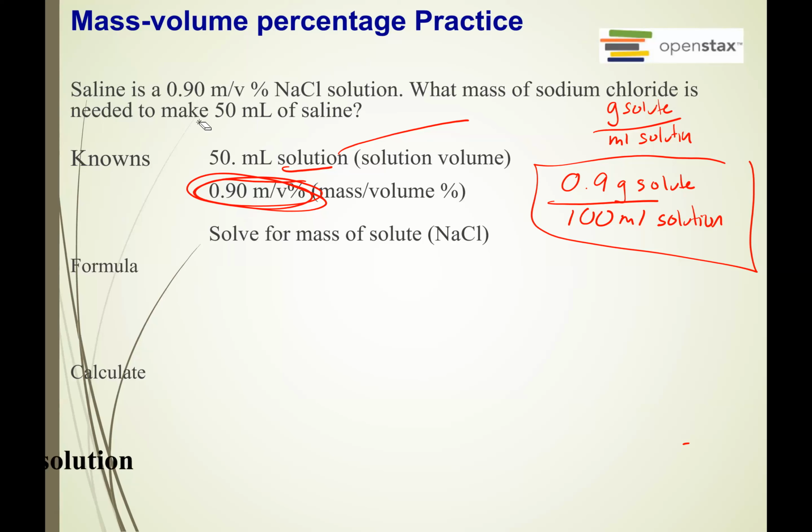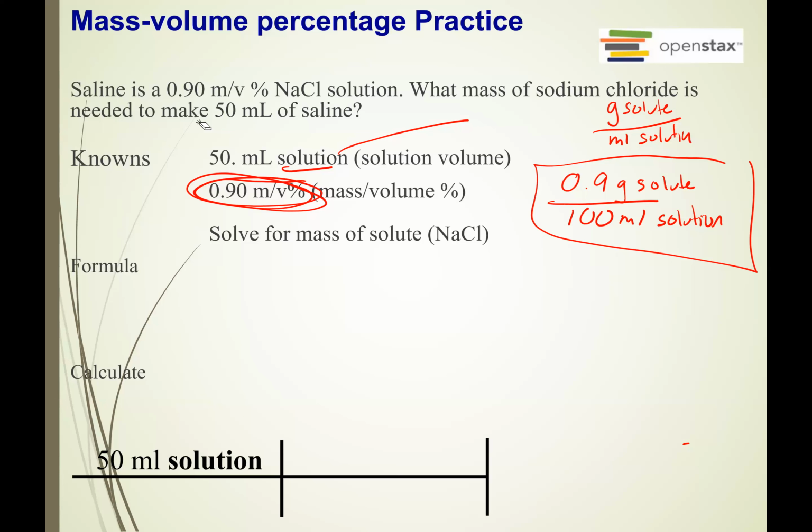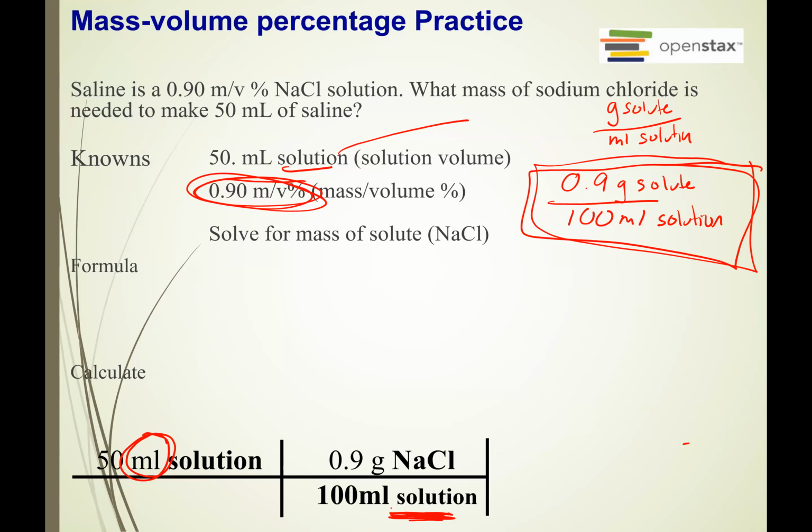So if we start with the 50 milliliters, we can use this 0.9 over 100 as a unit conversion. What will go on the bottom, 100 milliliters or 0.9 grams? If milliliters is up here, what unit do we want down here? Milliliters. So we cross it off. So we can use this as an actual unit conversion, and we get 0.45 grams.